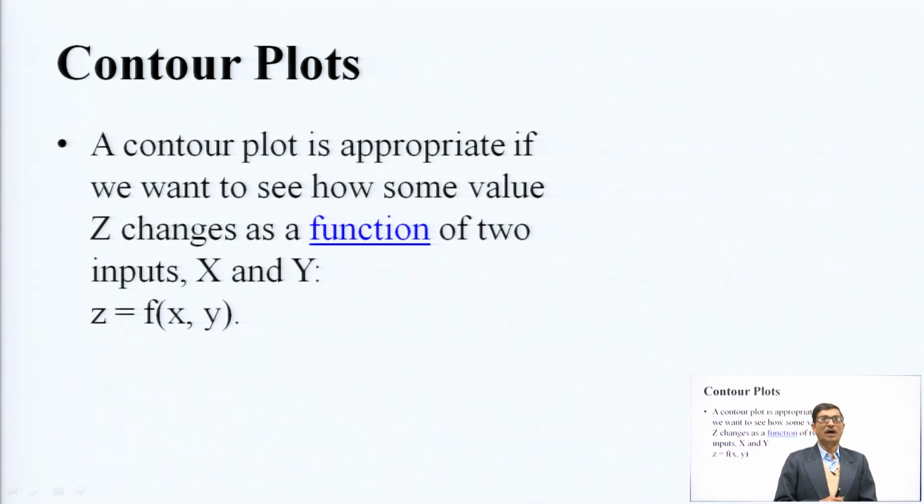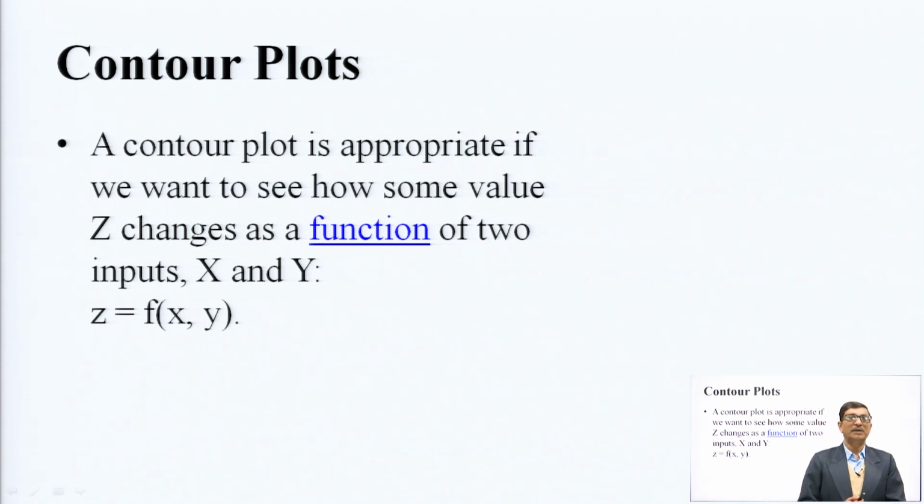A contour plot is appropriate when we want to see how the values of a response variable or dependent variable z change as a function of two inputs, x and y, where x and y are the independent variables or factors.